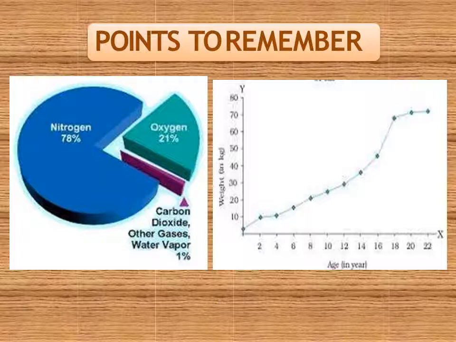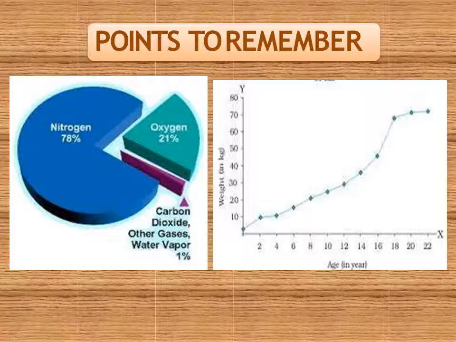In this circle, 78% nitrogen has been colored in blue, in light green we have 21% oxygen, and in purple we have other gases. So these components or the composition of air can be represented easily by a pie graph.